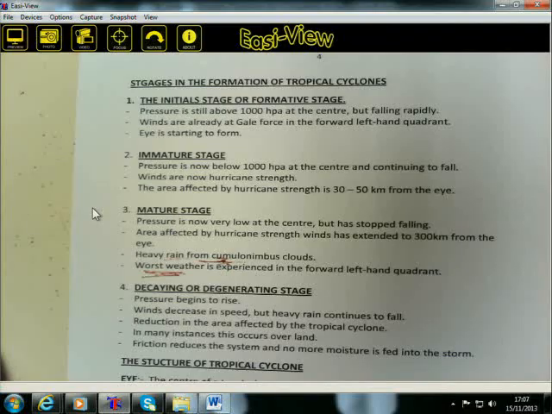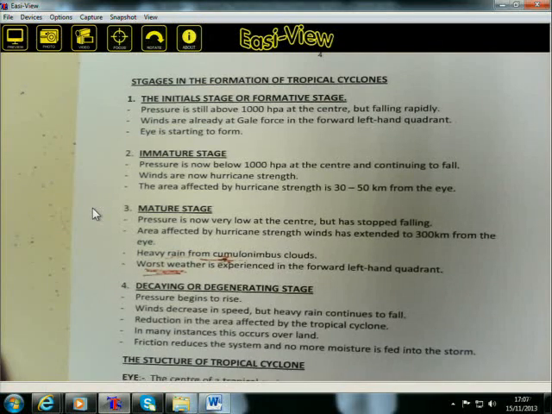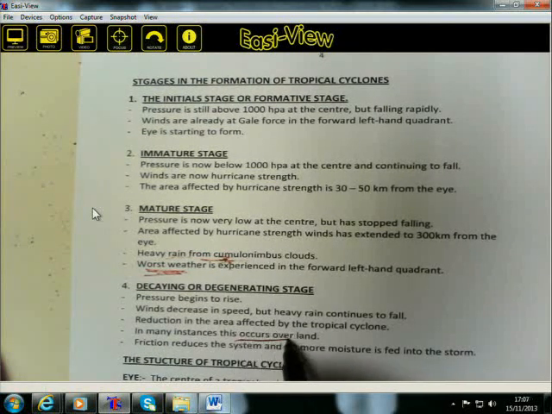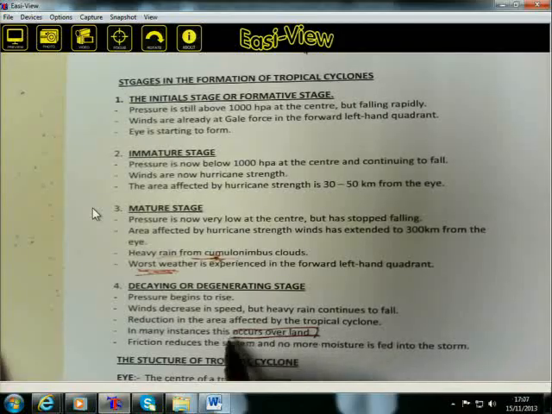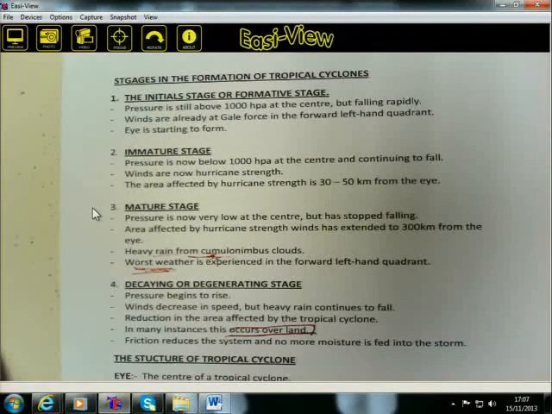But when it reaches the decaying stage, the area affected becomes small. Now we know that the tropical cyclone is about to die. In many instances, this occurs over the land, meaning that the dying of the tropical cyclones takes place over the land.